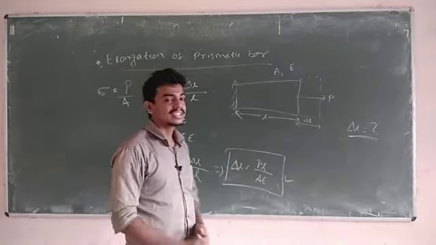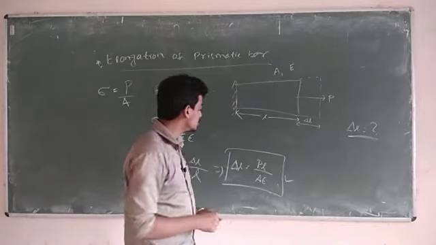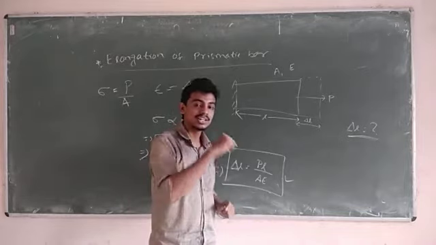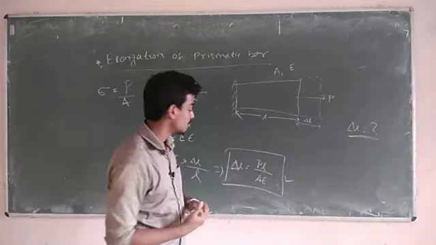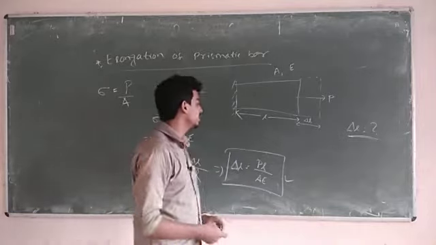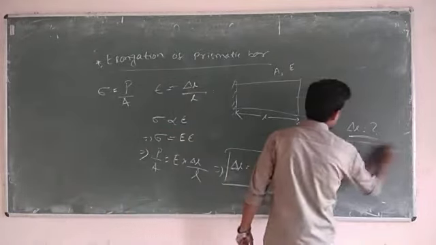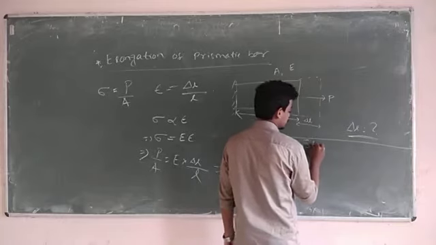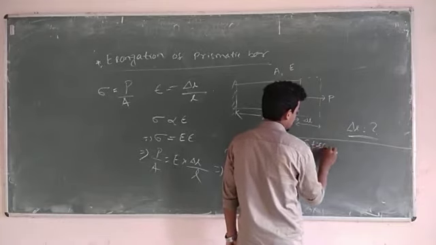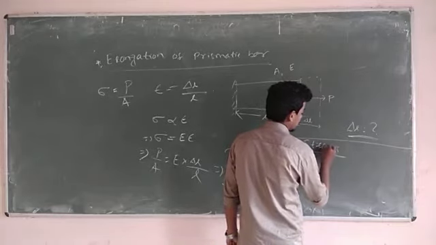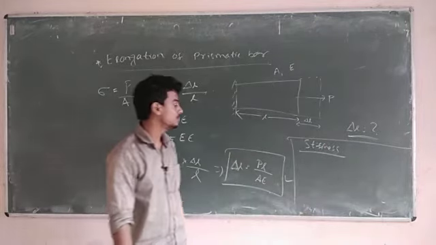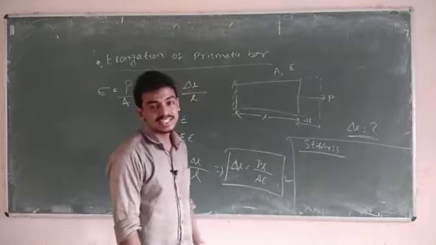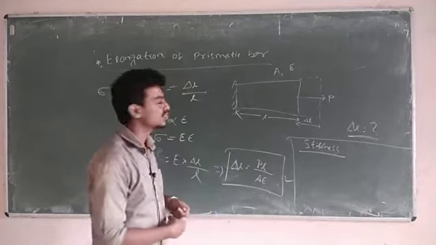Now I want to tell you one term which I have not mentioned while writing the different terms of structural mechanics. That term is stiffness. I left this term intentionally, as I will define the stiffness here. You must have studied physics also.